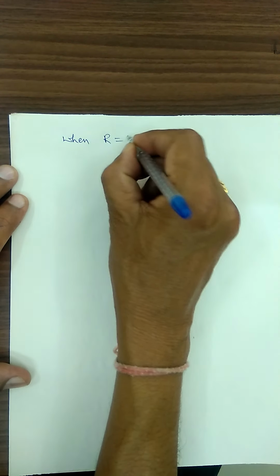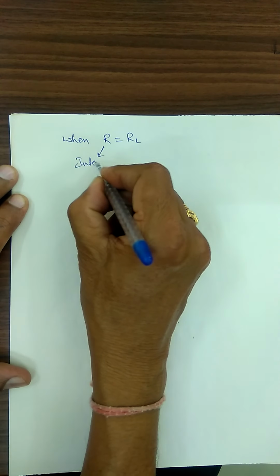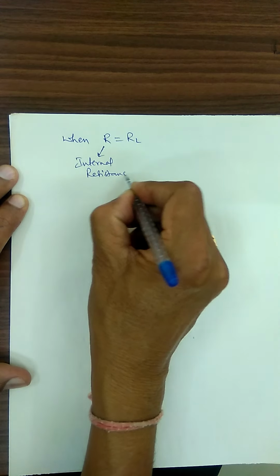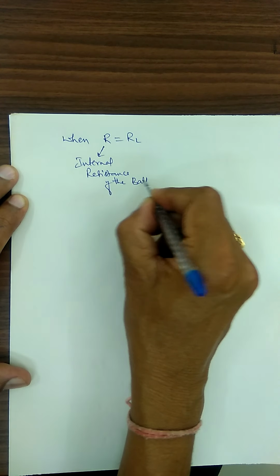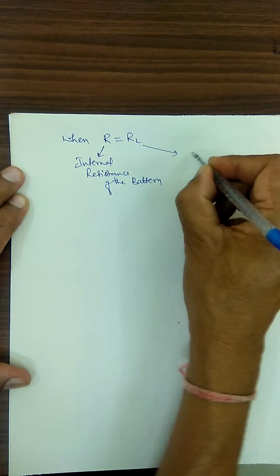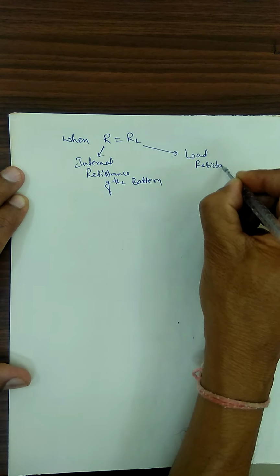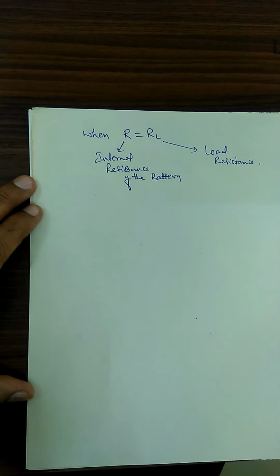When R is equal to RL, this is the internal resistance of the battery or a cell. This is the load resistance. So we are aware of this.